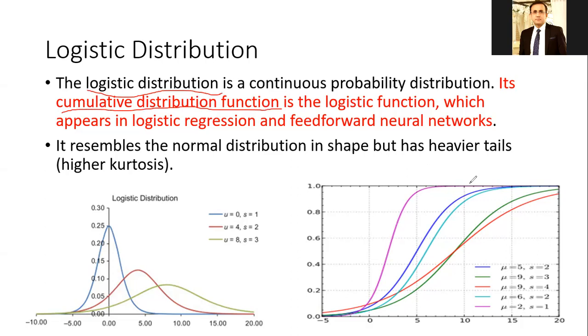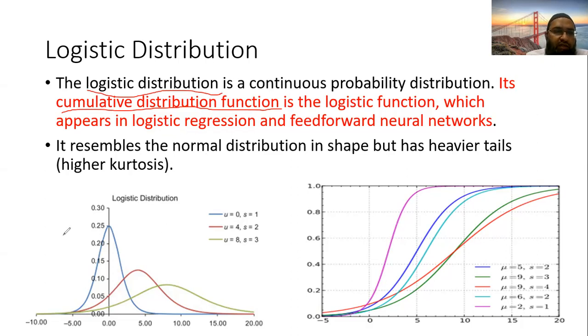It is used in neural networks. It is used in logistic regression, and it is also used in other mathematical functions. Primarily it appears in logistic regression and feed-forward neural networks. Those of you who are taking deep learning, this logistic function is going to be very important for us. And it is in fact just one instance of the sigmoid function.